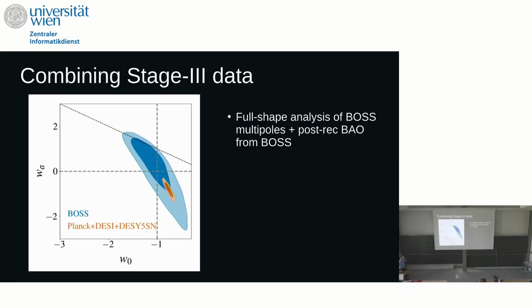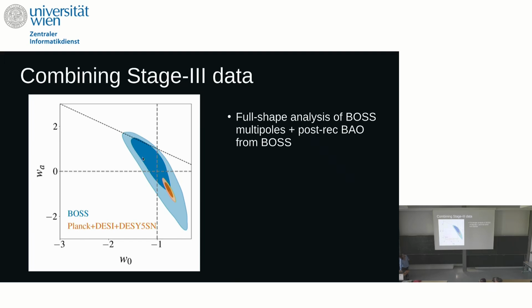But the last thing I want to say is constraints from stage 3 data. So once we have this kind of re-parameterization, what we do is we redo the BOSS analysis. And just for comparison here, we are also plotting the DESY, I think this is DR2, yes, DR2 data. And this is obtained in combination, again, with CMB data and supernovae.